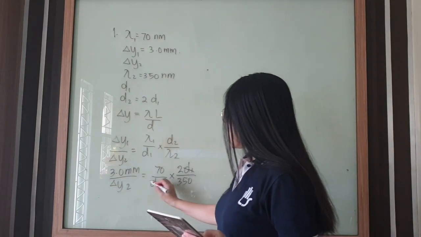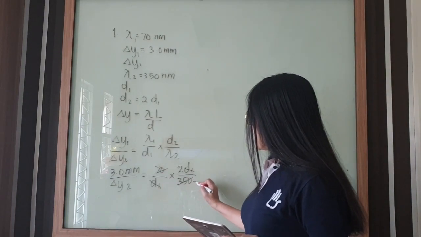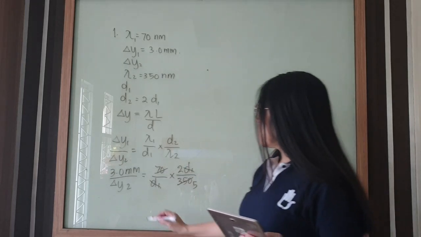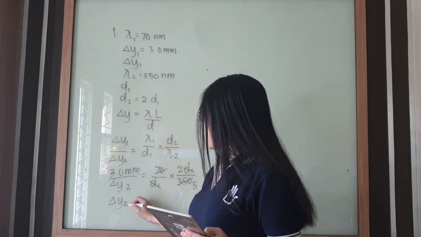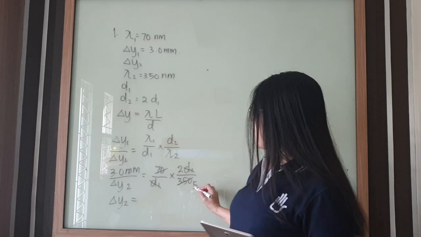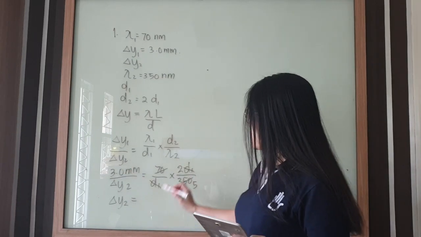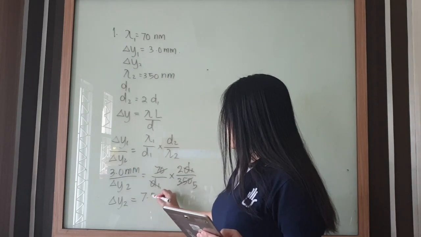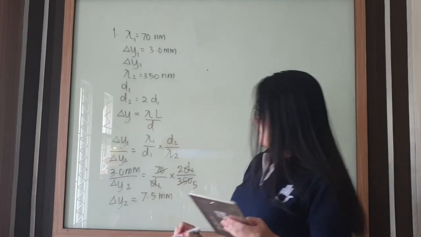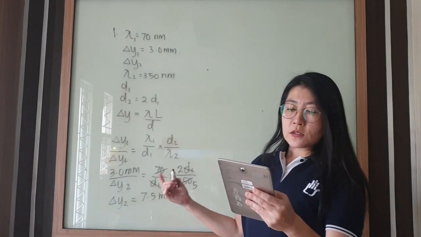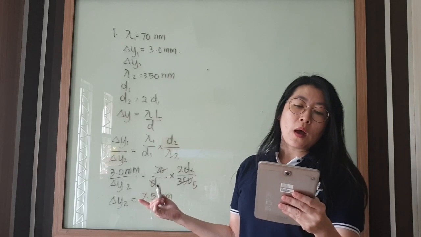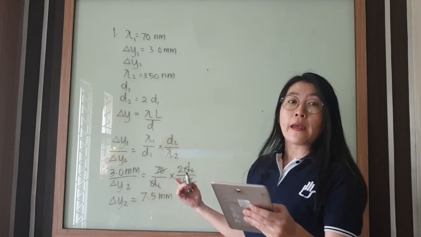So I can cross them out like that. So I can calculate that delta y2 is equal to 5 multiplied by 3, 15 divided by 2, is 7.5 millimeters. The answer is not one of the options, so I would rather answer A.